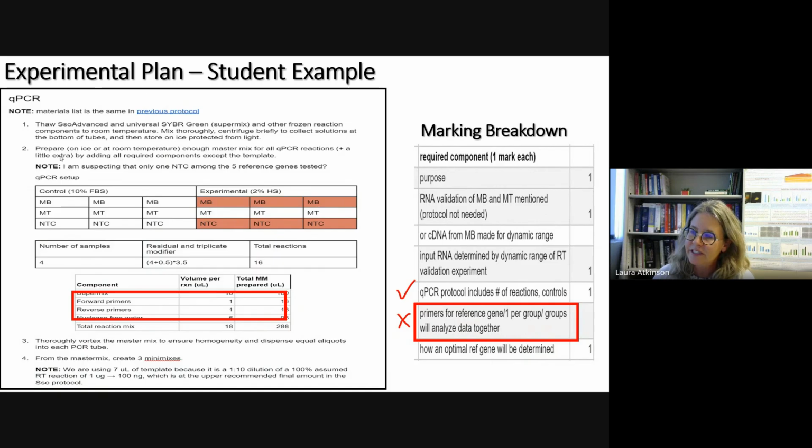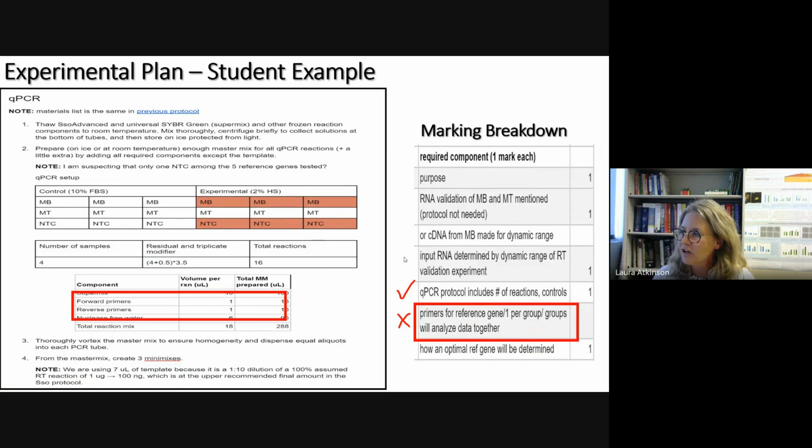So again, this is just a continuation of the student example and the things that I was looking for. So I think, if you're considering something like this, the first semester of building these marking breakdown rubrics is a little bit time consuming, but after it's done, it's super fast and easy, and you can modify them based on the project.